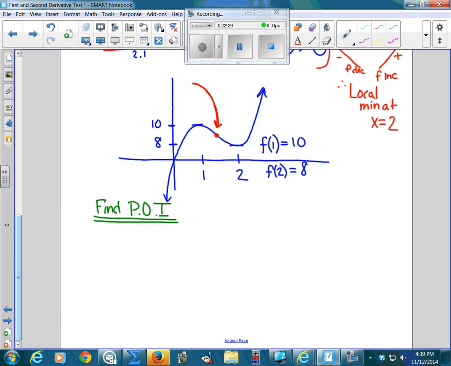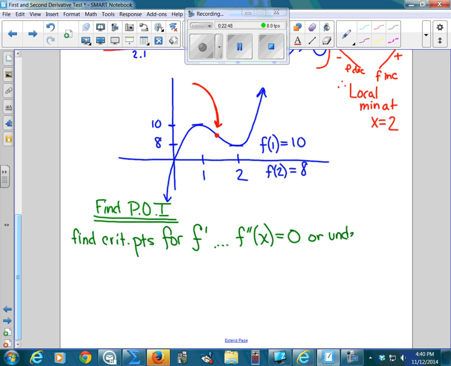So when we find the point of inflection, we find first critical points for f prime. That is where f double prime of x is equal to 0 or undefined.